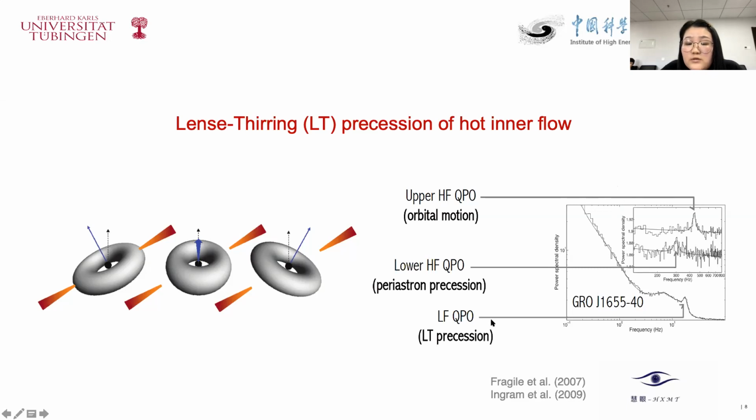For example, the low-frequency QPO arises from the Lense-Thirring precession of the model, aka the nodal precession frequency, and the high-frequency QPO, the lower one, is caused by the periastron precession frequency, and the upper one is always the orbital motion frequency.